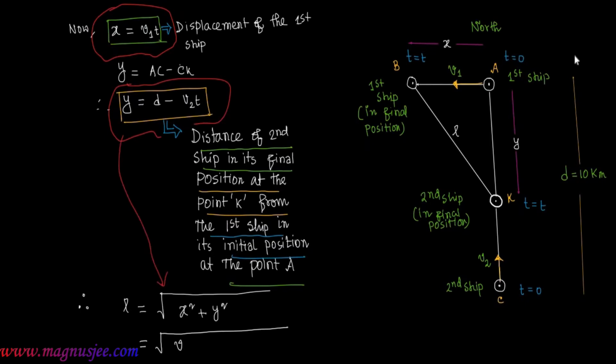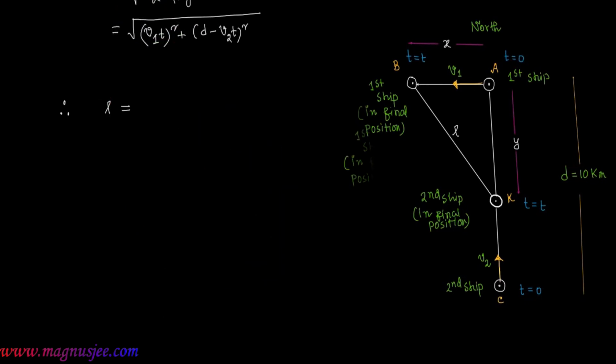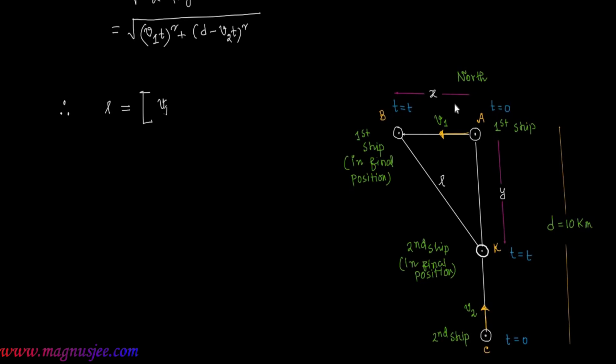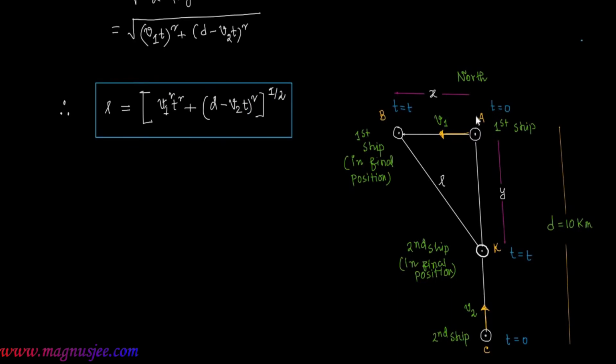Putting the expressions of x and y in the expression of L, we get L is equal to (v1 square t square plus (d minus v2t) whole square) whole to the power half, or 1 by 2.